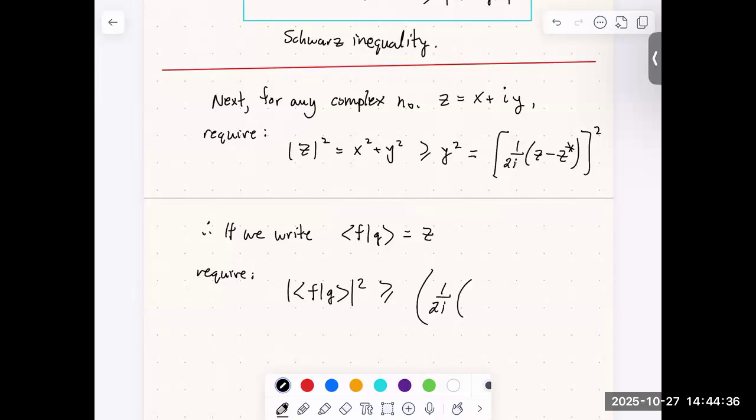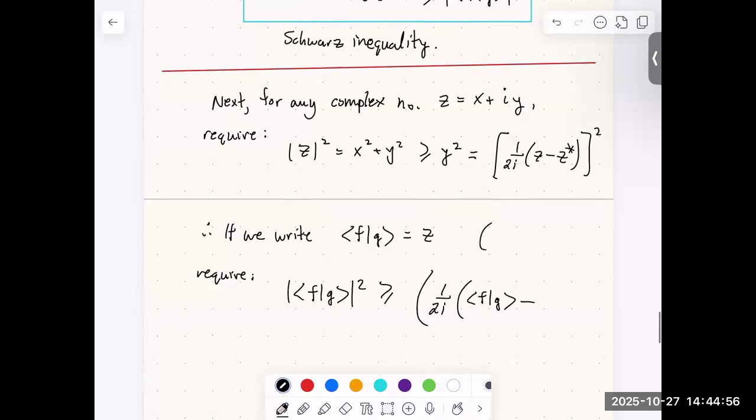And then it's the difference between our complex number, which is f inner product with g, minus the conjugate of z, but the conjugate of z is just g inner product with f. So z conjugate would be g inner product with f. So I'll write that g inner product with f. And then we have to square it.